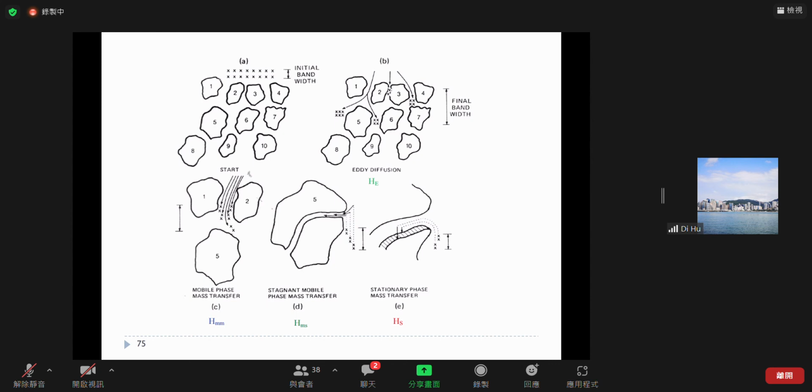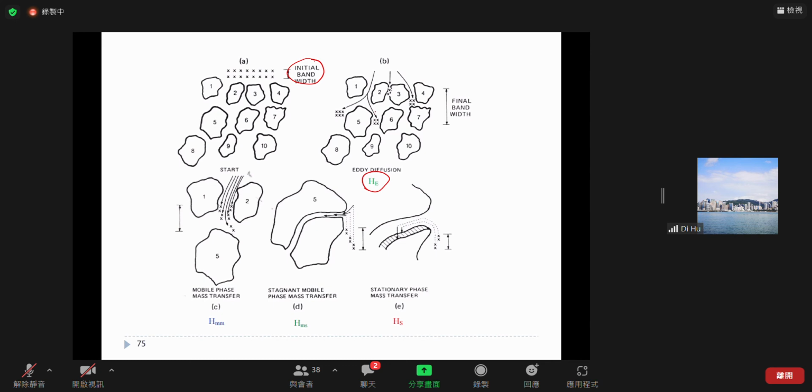But now let's summarize what we have learned so far. Band picture one is the initial bandwidth. Ready, go. All the analytes start traveling. First we talk about eddy diffusion.